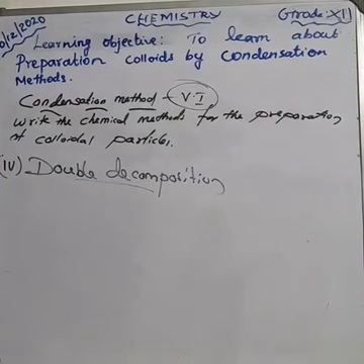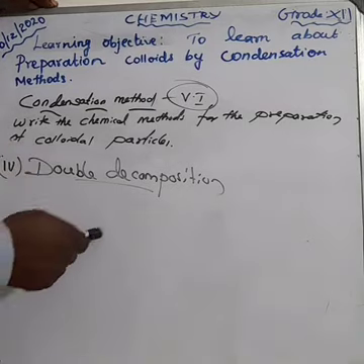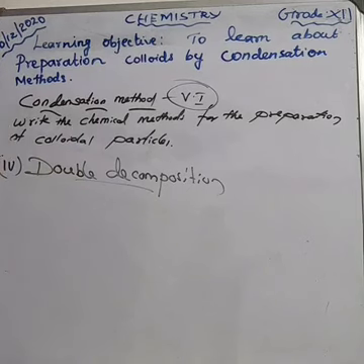For the double decomposition, for the preparation of a water insoluble salt, this method can be used. Here we are passing hydrogen sulfide gas to the solution of arsenic oxide. What is the symbol of arsenic?